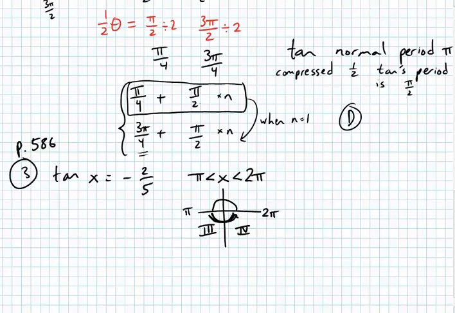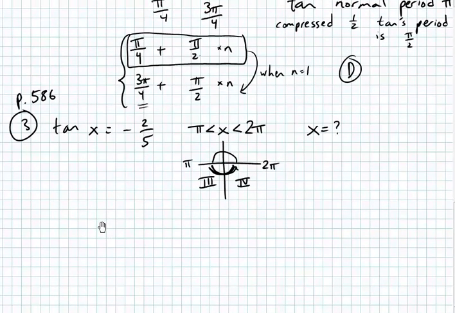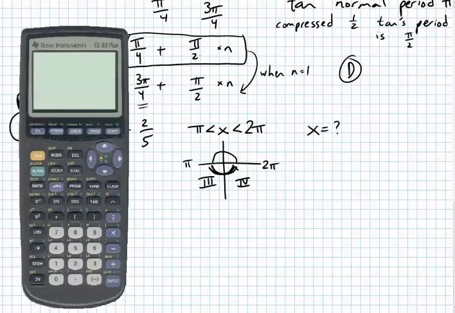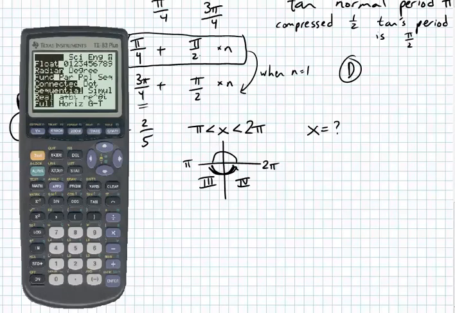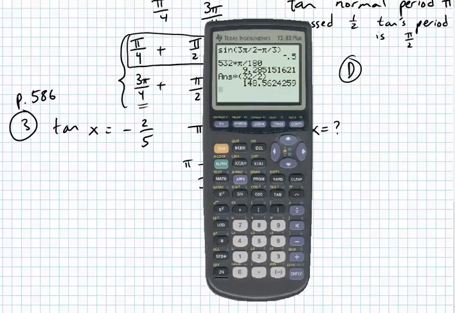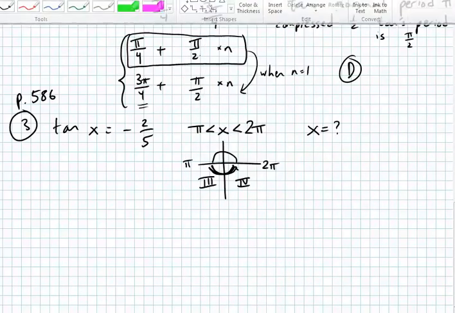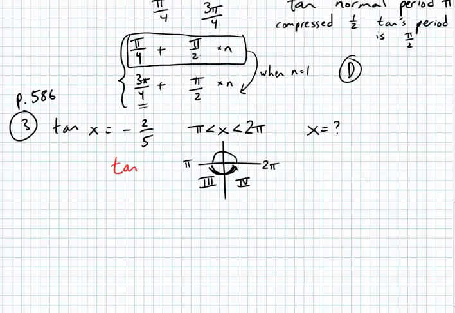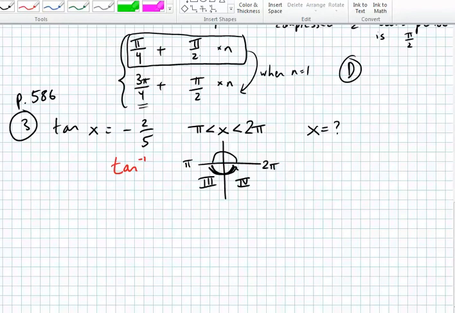Then what is x? Well, we know it's in radians because it's talking about pi, so just make sure my calculator is in radian mode. The easy way to solve this is I want to move the tangent over to the other side and solve for x. I can use the inverse tangent function.